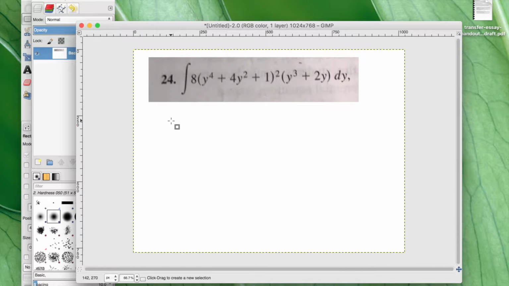Right off the bat, we can tell that there are several elements to this equation. Inside the integral, we have the coefficient 8, the phrase y to the 4 plus 4y squared plus 1, and we also have y cubed plus 2y dy.